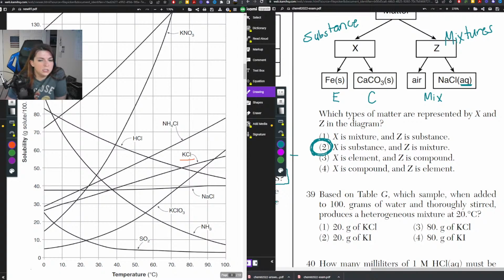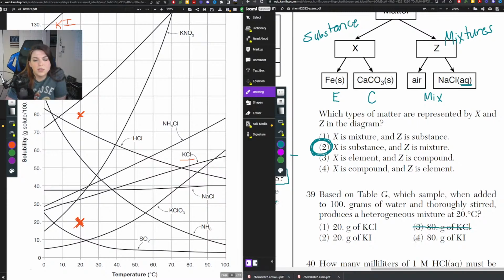So, 20 degrees Celsius, we are going to look at KCl. If I only put in 20 grams of anything, it would be this data point here, 20 grams at 20 degrees Celsius. And then 80 grams at 20 degrees Celsius. So KI is this line up here, all the way up there. So both of those data points for KI are going to be unsaturated, and therefore the mixtures would be homogeneous because everything is dissolving.